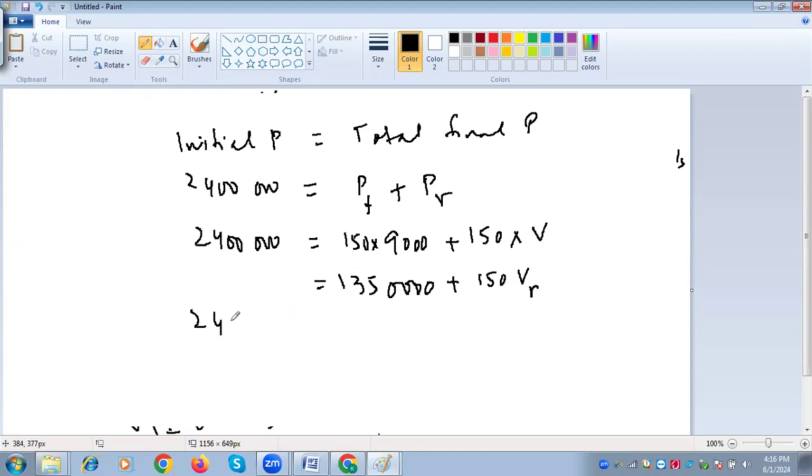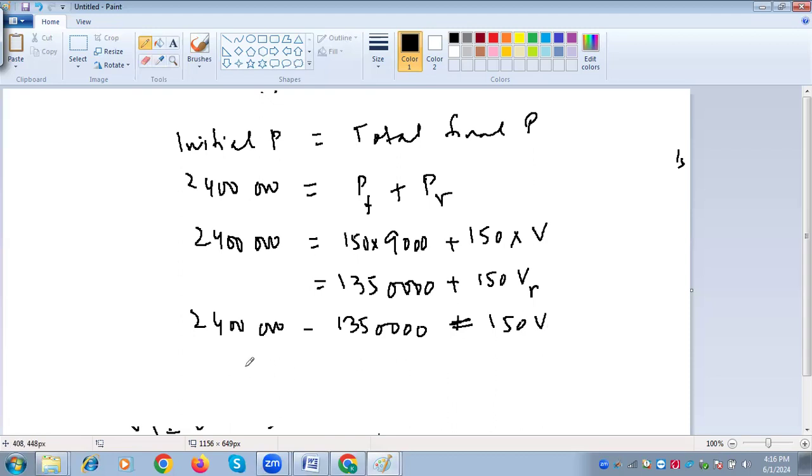So 2,400,000 minus 135 is equal to 150 V.